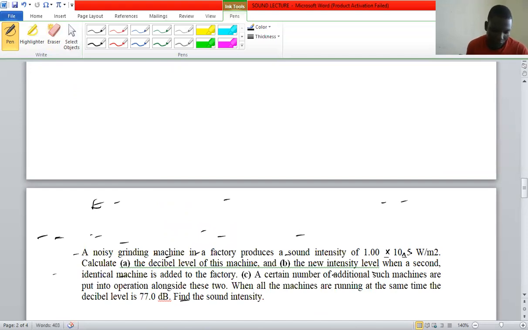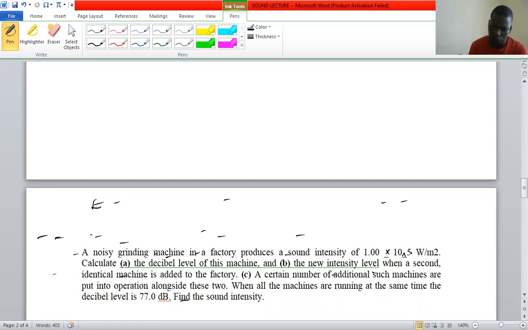A, first calculate the decibel level of this machine. B, the new intensity level when a second identical machine is added to the factory. And C, a certain number of additional such machines are put into operation alongside these two. When all the machines are running at the same time, the decibel level is 77 decibels. Find the sound intensity.